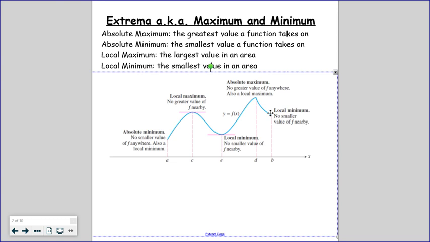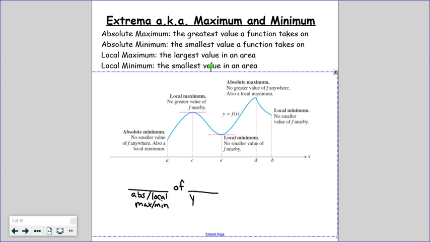One of the things you want to make sure you do, as you are describing your extrema, is format it in the correct way. We will identify what it is: absolute or local relative, max or min. And then we say "of," and then we say what value.